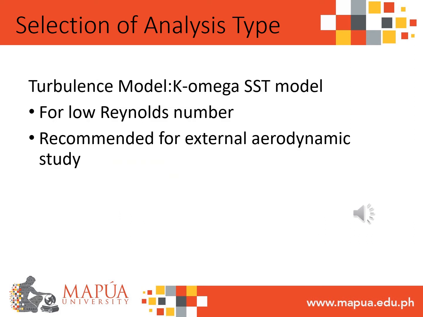There are two reasons why we choose the K omega SST as our turbulence model. One reason is that this is for low velocity and low Reynolds number applications. Another is that the K omega SST model is usually recommended for most external aerodynamic studies.